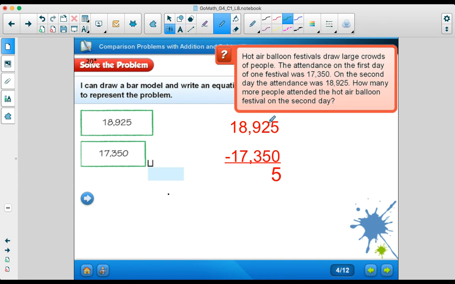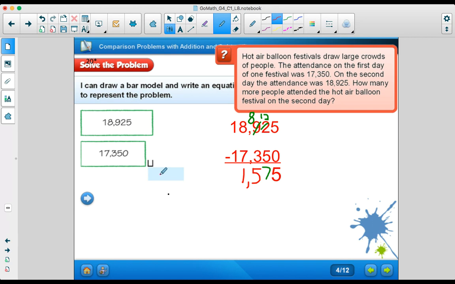So let's cross out the 9, make that an 8, and make this a 12. 12 minus 5 is 7. 8 minus 3 is 5. 8 minus 7 is 1. And 1 minus 1 is 0.